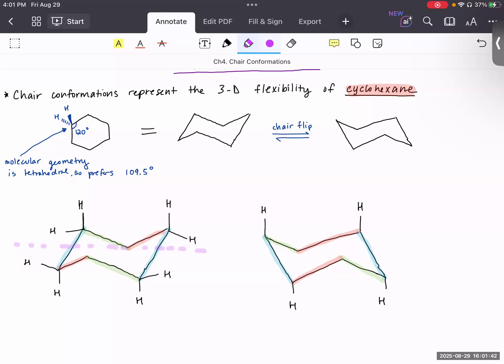So this hydrogen, this hydrogen, this hydrogen, this hydrogen are all tilted towards that middle center line. We can do the same thing on this chair, where we'll take those hydrogens and also tilt them towards that midpoint of the chair.